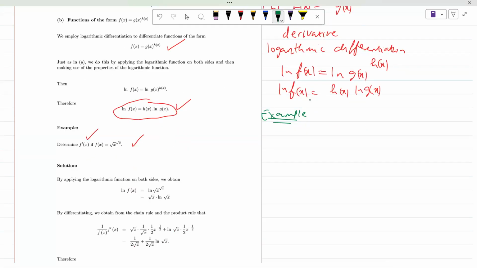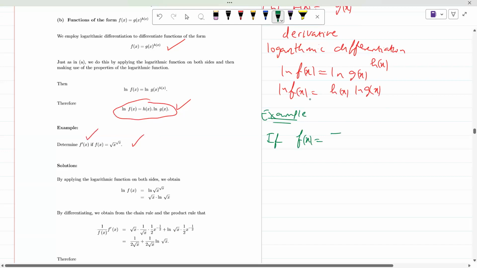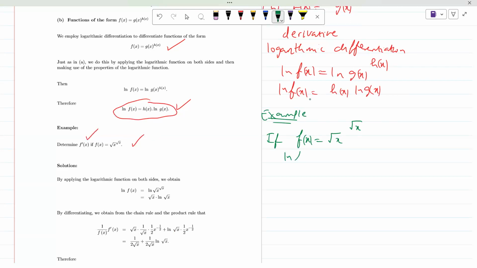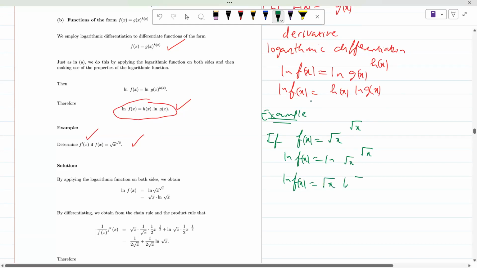So the example is going to be, for instance, if you have been given f of x. F of x is the square root of x raised to the square root of x. Well, right, we apply the natural log on the left and the natural log on the right. So we continue now.